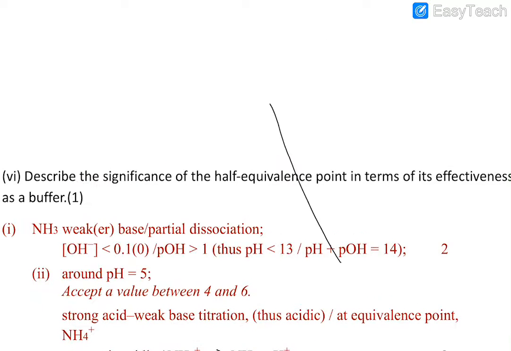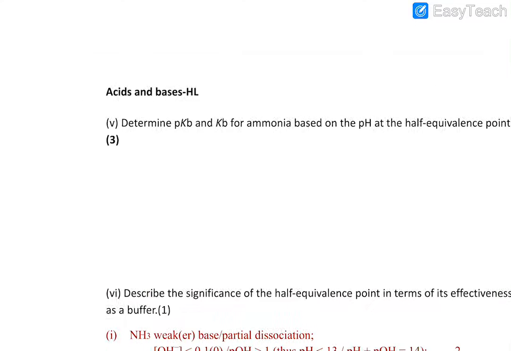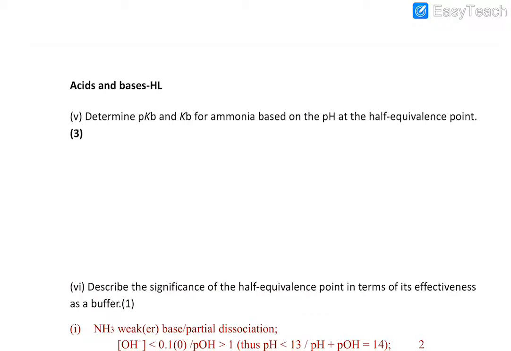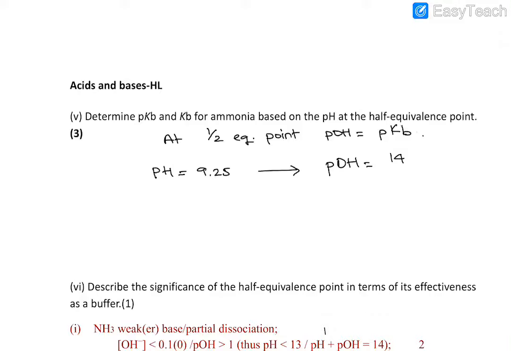Now determine the pKb and Kb value for ammonia. At half equivalence point, we know that pOH is equal to pKb. We have been given the pH. From the pH, we can get the pOH. So pOH is 14 minus the pH value. Therefore, from the pOH value, we can get the pKb value.